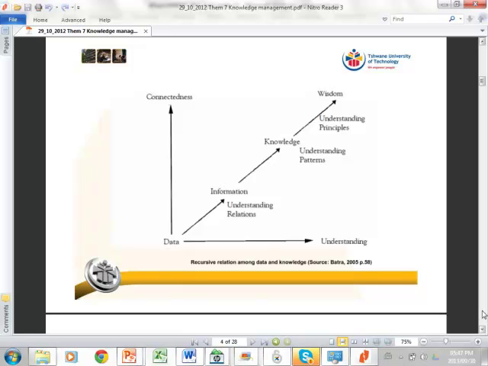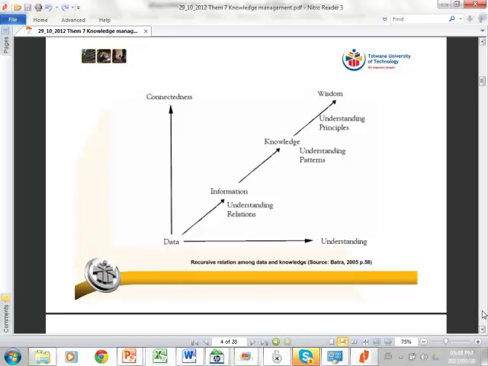Because now we are understanding relationships. Do you understand what I'm saying? So in other words, we planned to have spent 100,000 Rand by the 30th of October. We have spent 50,000 Rand by the 30th of October. So what's the relationship between the planned and the actual? Right, so that's where we start getting information.